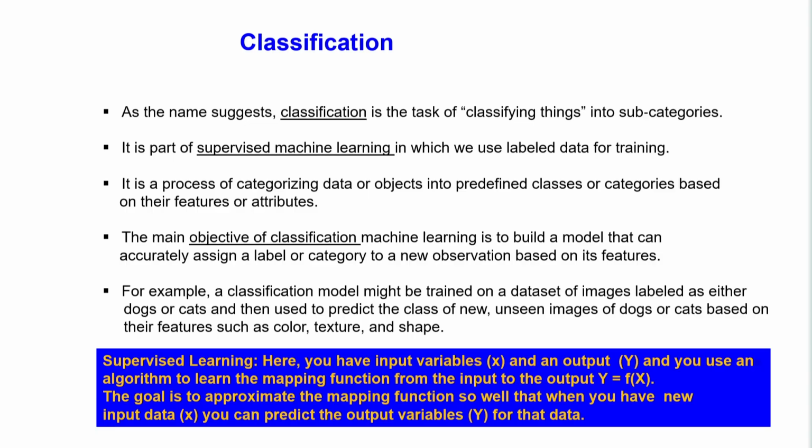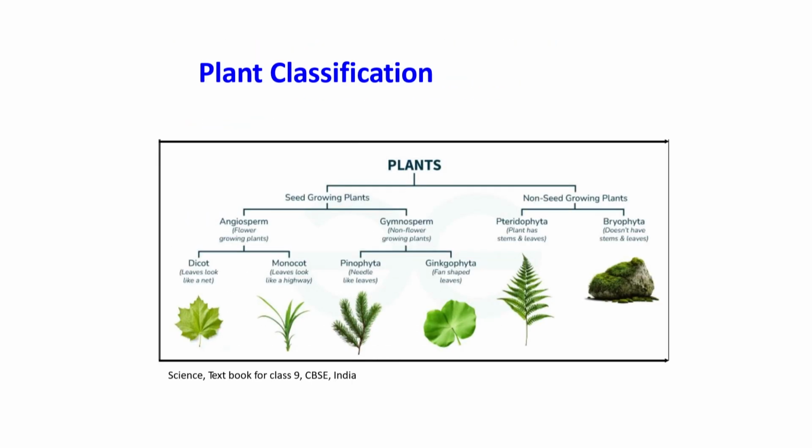So, I told you that classification is the task of classifying things into different subcategories. Still, we might not be able to understand it with just that, so take plant classification. We know that plants can be classified in different ways.